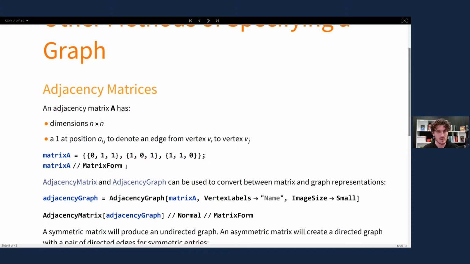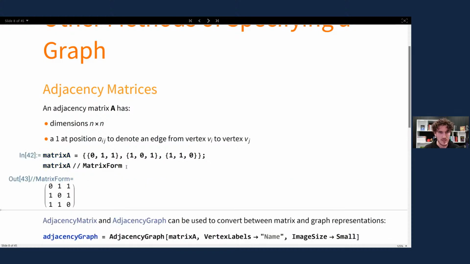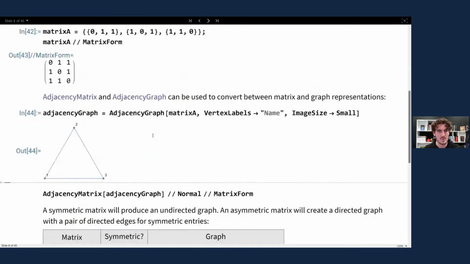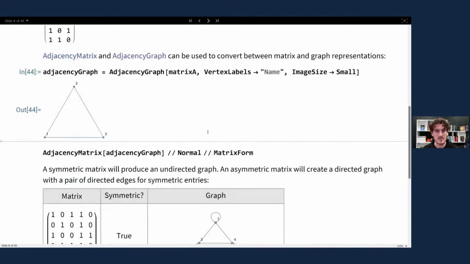So we've got a very simple matrix here, and we're going to show it in matrix form. Then we're going to find the adjacency graph corresponding to this matrix. It's just a 3-node, 3-edge graph, and as you can see, it's symmetric about the leading diagonal. This is just converting back.